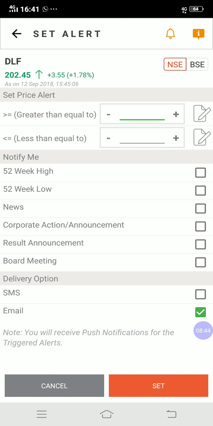If it crosses 210, then I need to buy, so I need to get an alert. So I will put an alert here at 210. Once the DLF stock price moves to 210, then I'll get an alert that your price has crossed your alert rate. Please buy. Or if I put less than 200, then it gives me an alert. So in this way you can put the alerts as well.